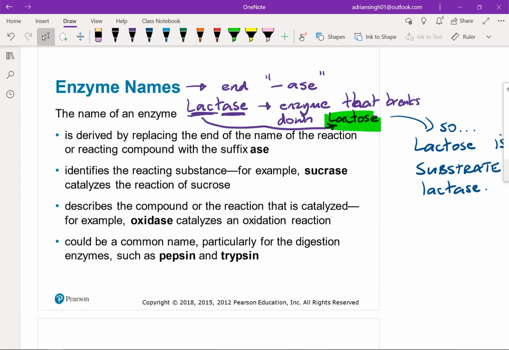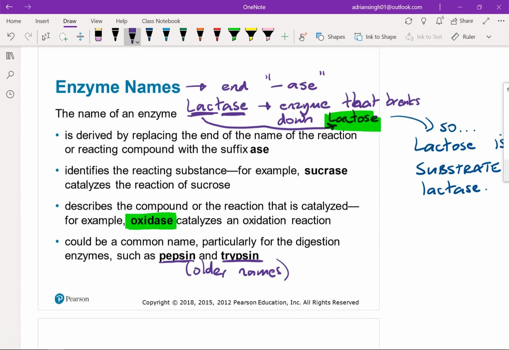Sometimes you will see enzymes named based on the type of a reaction that they would catalyze. So for instance, an oxidase enzyme would catalyze an oxidation reaction. And then you'll see some other names for enzymes that maybe don't make a whole lot of sense. They don't have that ase ending. For instance, pepsin and trypsin. These are just older names, and we haven't changed them because they've been known for so long that we just stick with them.